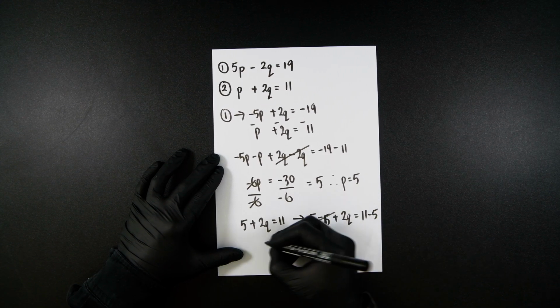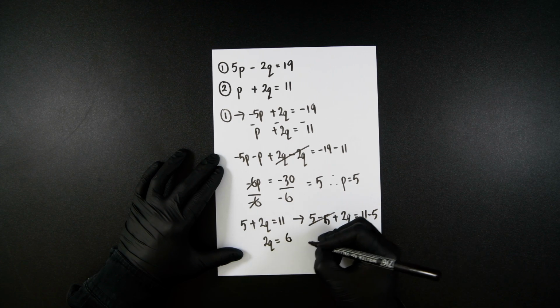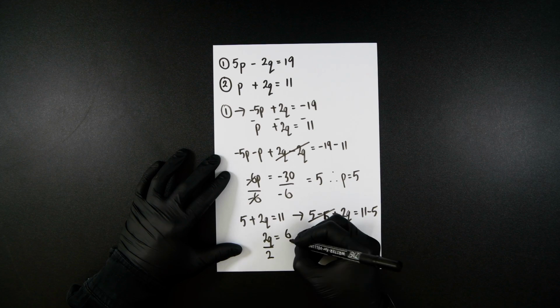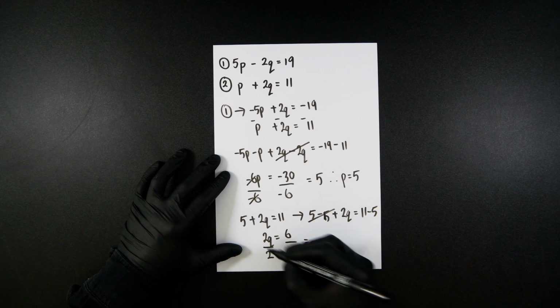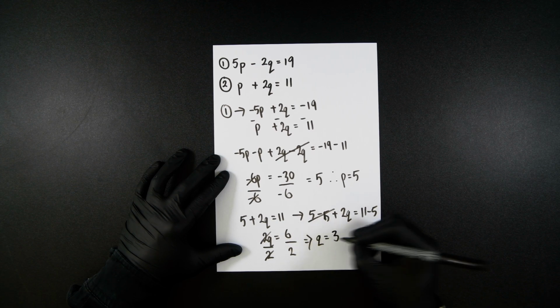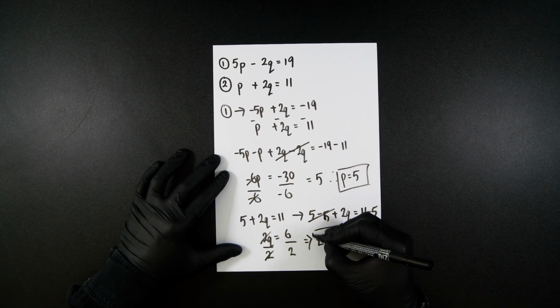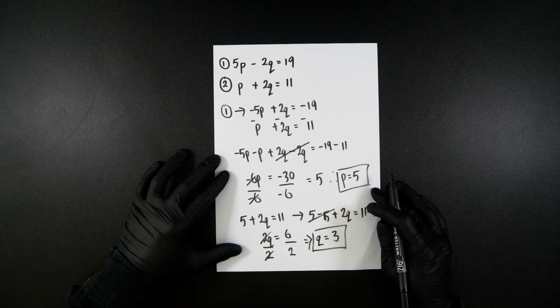These vanish, and you'll be left with 2q equals 11 minus 5, which is 6. We divide both sides by 2. These disappear, and you'll get q, which equals 6 over 2, which is 3. So we now have both of our solutions for p and q.